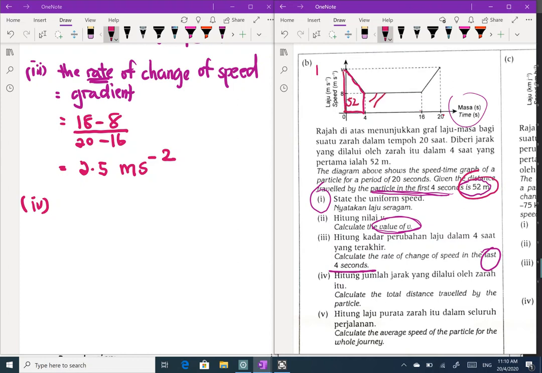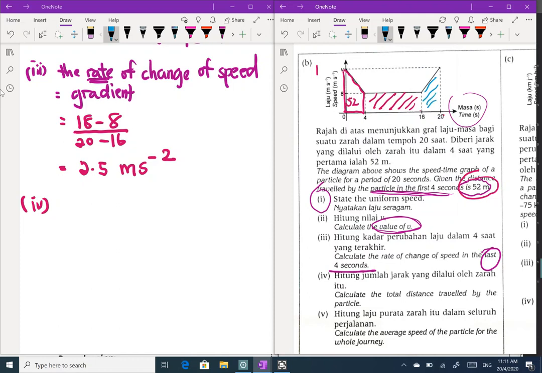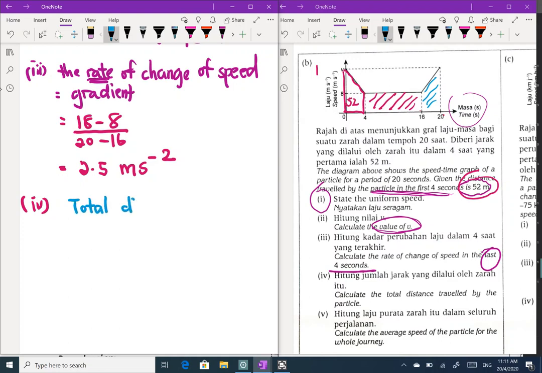So I want to know the area for the second part, this one. So total distance is equal to 52 plus the area of the rectangle plus the area of the trapezium.